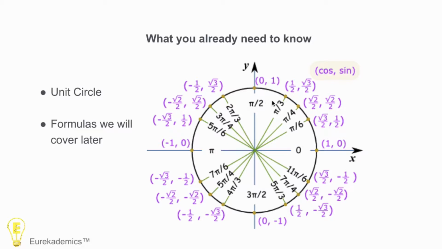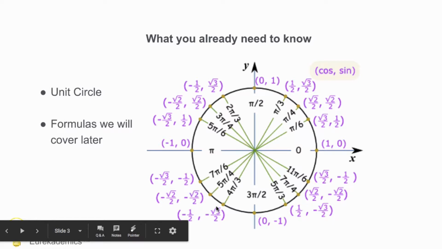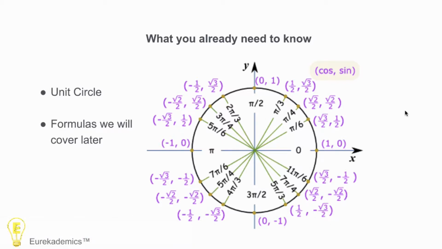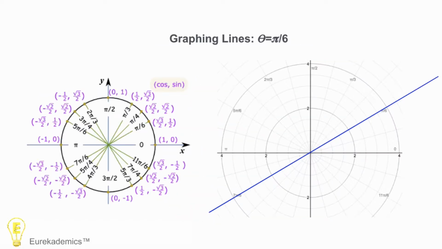Because cosine is x, here x is negative with the same values. Here, cosine and sine are both negative. And here, we have a positive cosine, but we're down here, so the sine values are negative. Once you have the unit circle, you're ready. All right, let's jump into graphing lines.